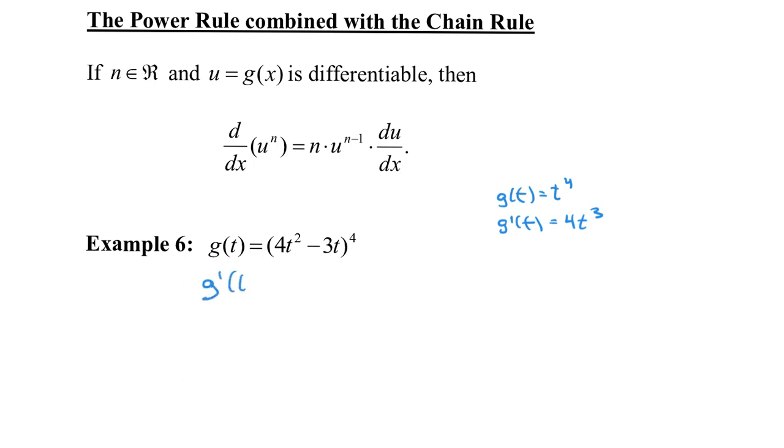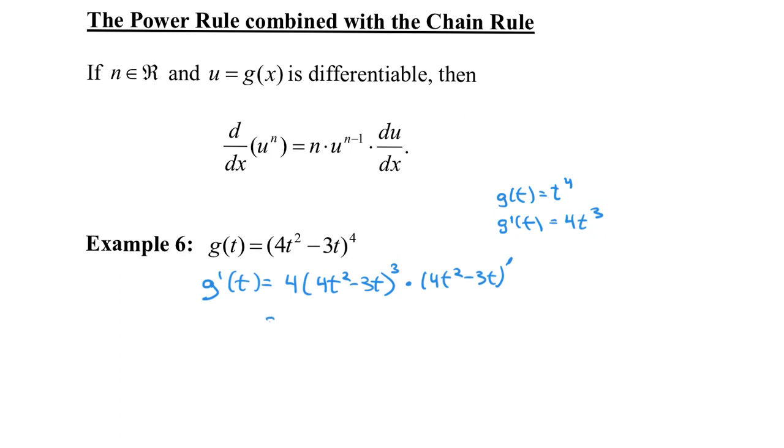So g prime of t equals 4t squared minus 3t cubed. And then, since this is not plain old t, we also need to consider the rate of change of this inner function. And that's where we go times 4t squared minus 3t prime.